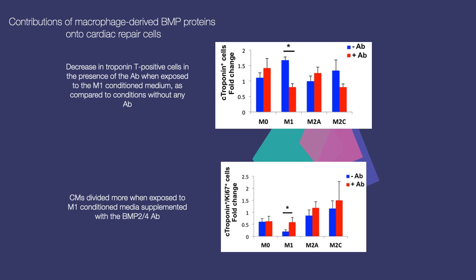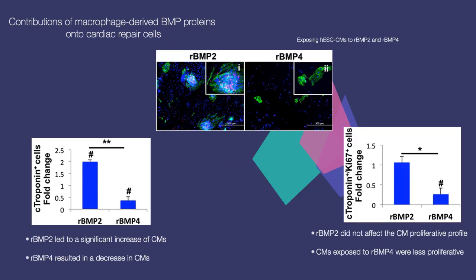The second lower image shows an increase in proliferation when the cardiomyocytes were exposed to the M1 conditioned media, supplemented with the neutralizing antibody. Again, this was confirmed and quantitated using fluorescence microscopy.